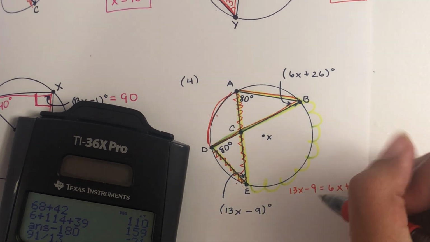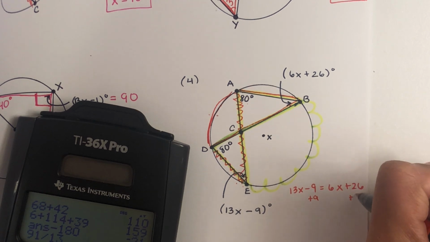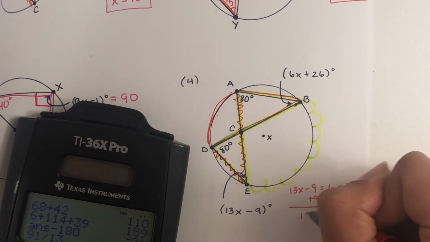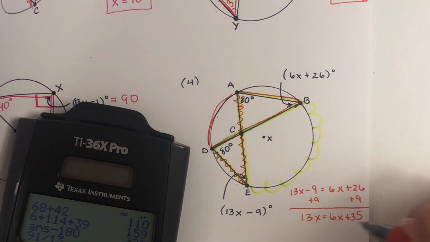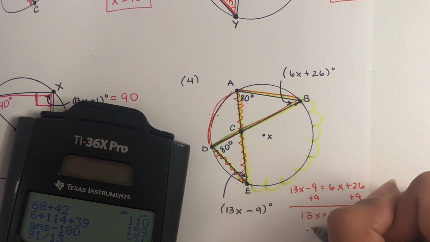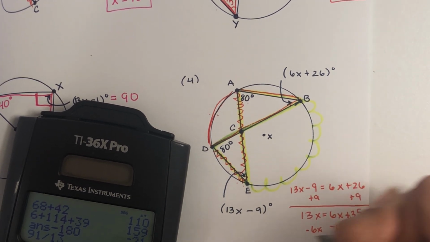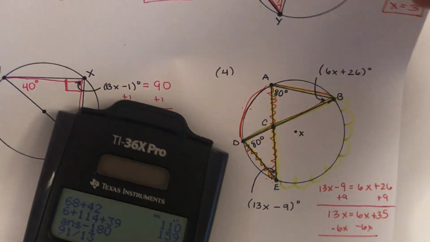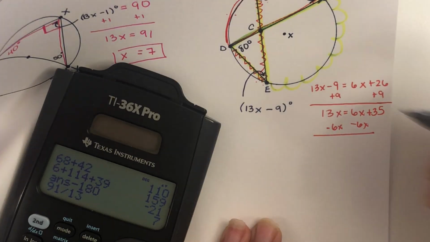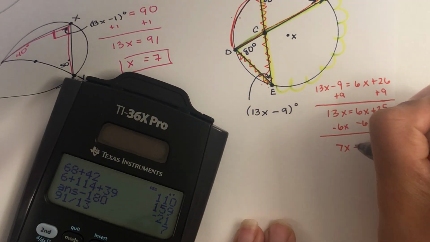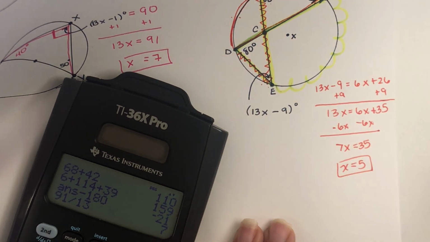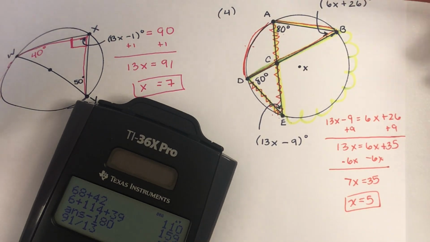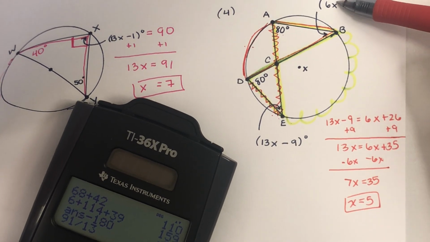Let's start off by adding 9 to both sides. Let's subtract 6x on both sides. You end up with 7x is equal to 35. X equals 5.